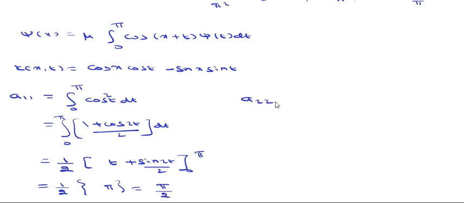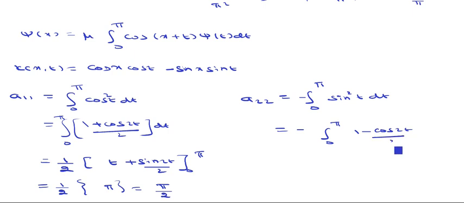And for a22, this is integral 0 to pi b2 into a2, so you get minus sin square t dt. So this is equal to minus integral 0 to pi (1 minus cos 2t) by 2 dt.